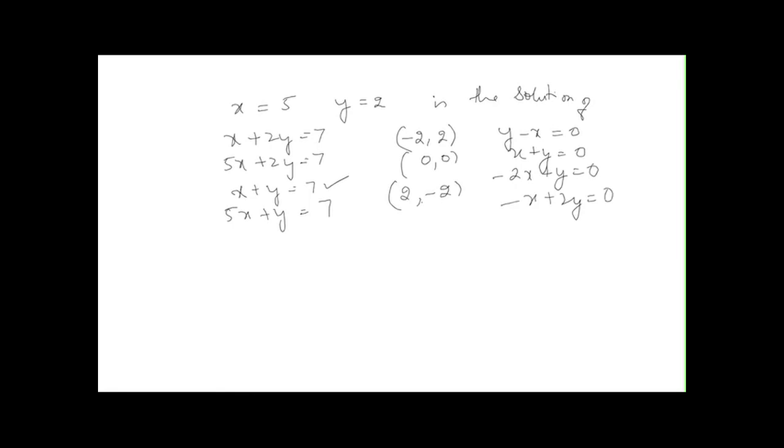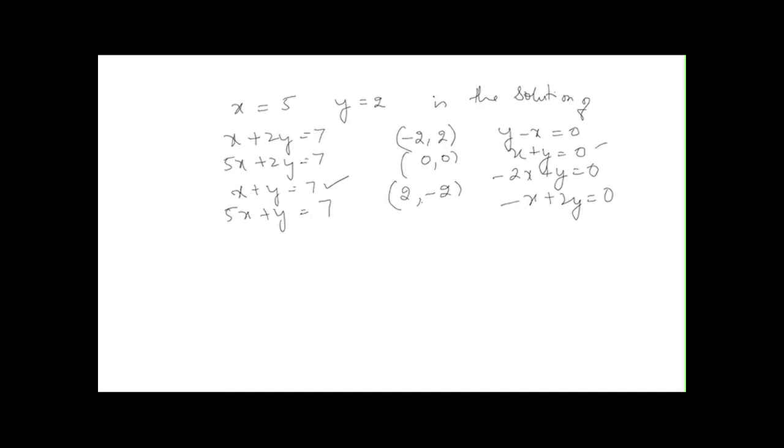First option: y minus x equal to 0. 2 minus of minus 2 is not 0. It is 4.